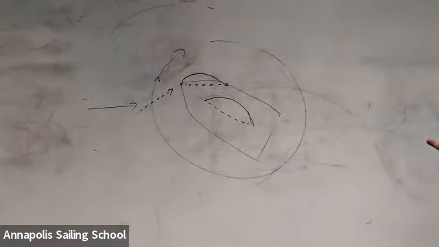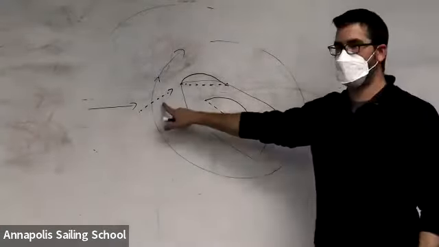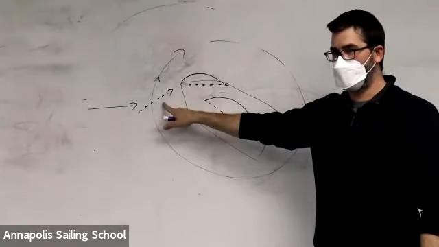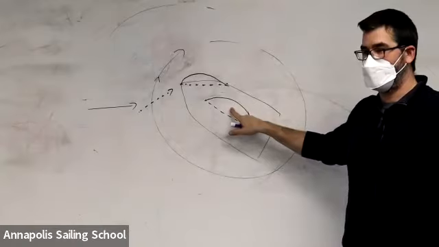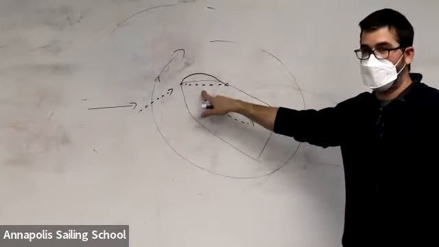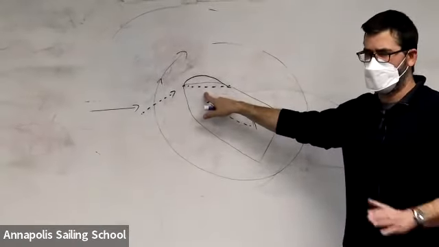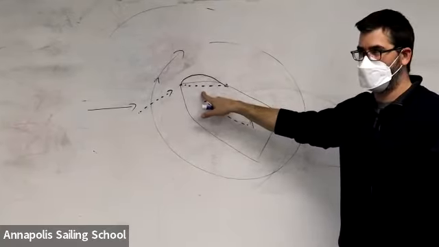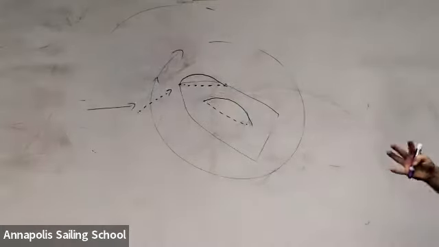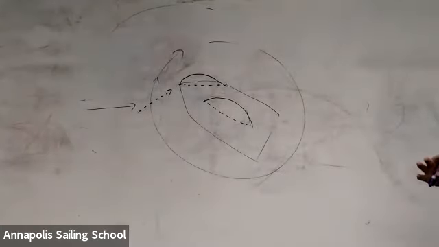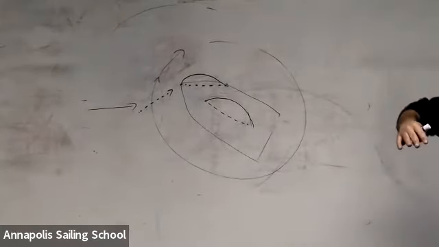That is okay because the jib is operating in different wind. The circulation from the main is putting the jib in a lift. And so the jib can be trimmed further outboard.